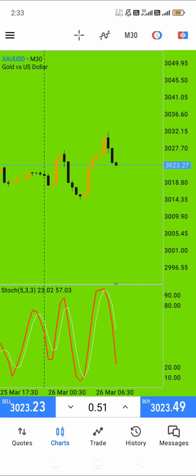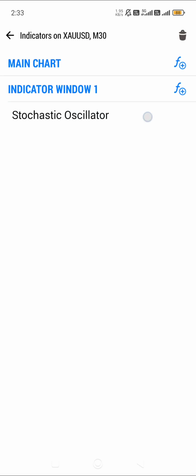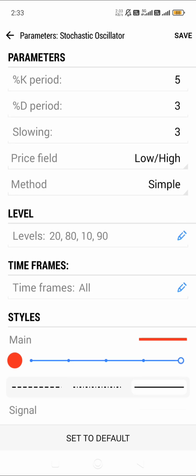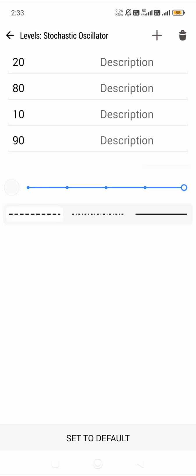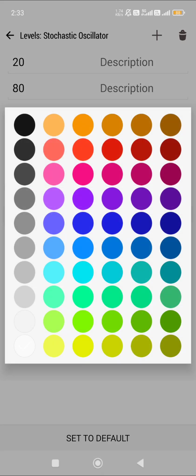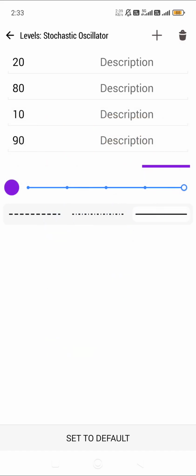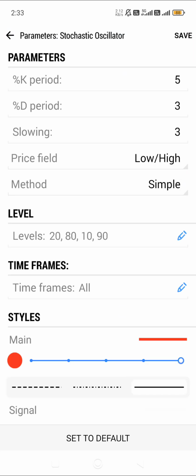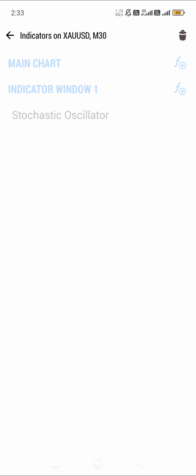Red and white. Change the level here, 80, 20. There white change to another color, red. Select the dotted line, 80, 90, 20. Okay, save this line.